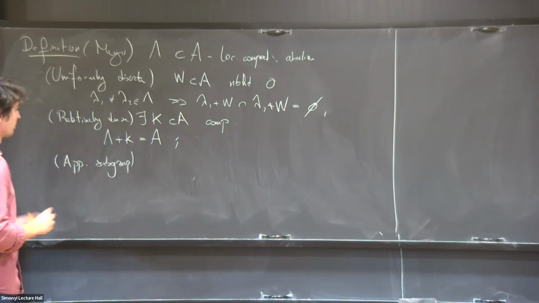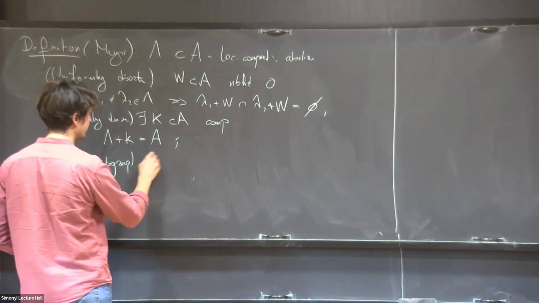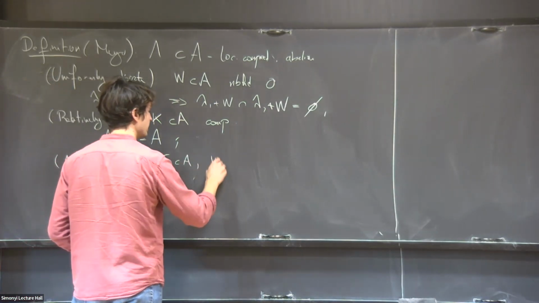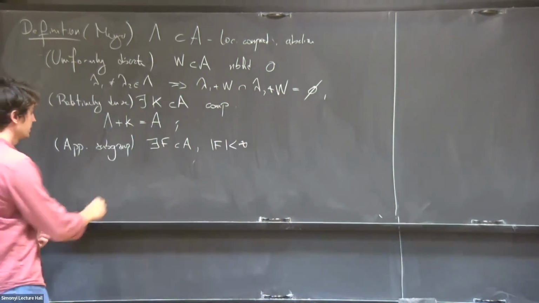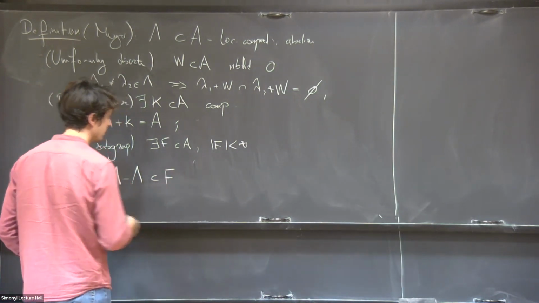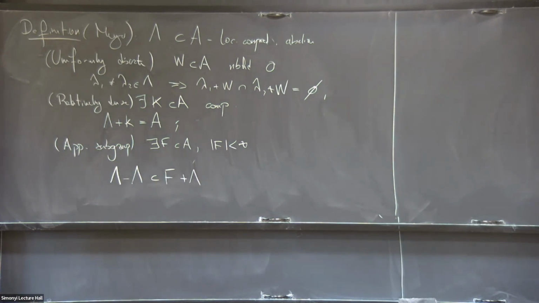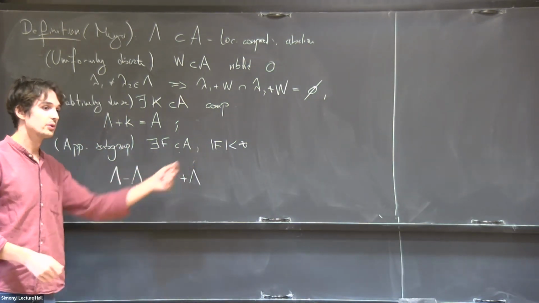Okay, so this property can look a bit odd at first sight, and it says the following, that there exists F in A, which is a finite subset, such that if I take the Minkowski difference, it's not much larger than the set you had originally, and by not much larger, you mean that it's essentially controlled by this small set F.